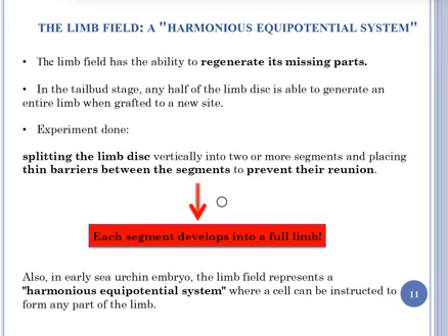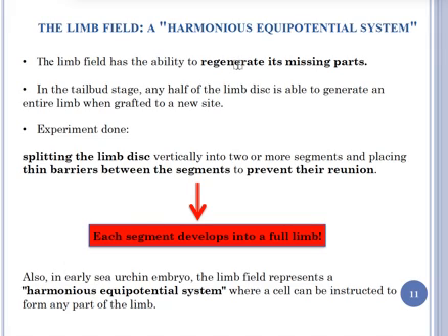After some time, they found out that each of those segments could develop into a full limb. From this experiment they concluded that the limb field is a harmonious equipotential system, because each segment is able to regenerate all the missing parts.